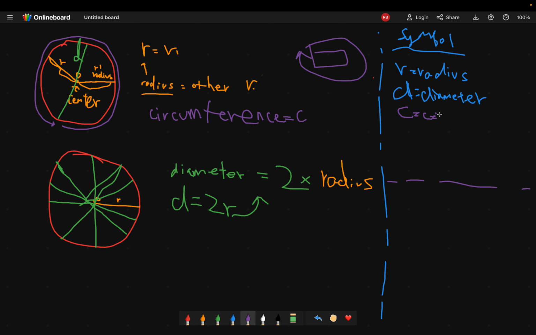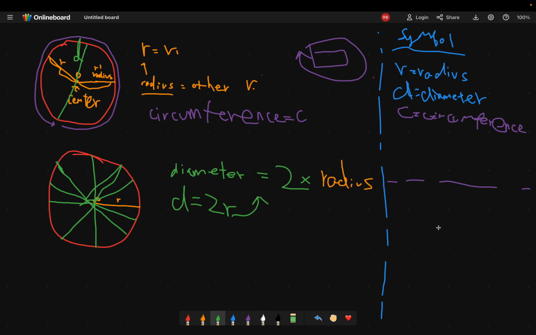Let's try to make it as pretty as possible. Circumference. Oh gosh. All right, you get the point. That's the best I can write it because the mouse is kind of really weird to draw with. C is circumference, D is diameter, and R is radius.